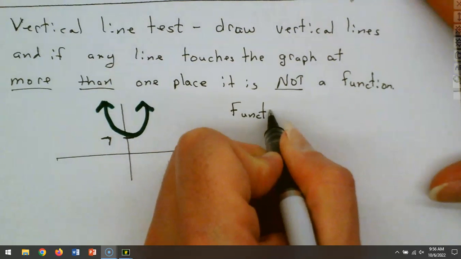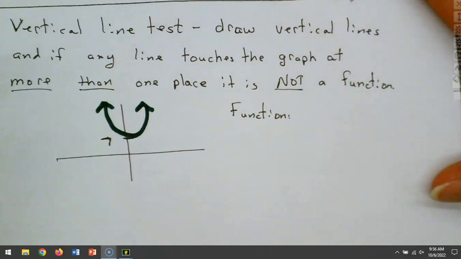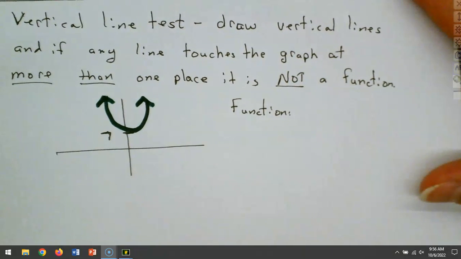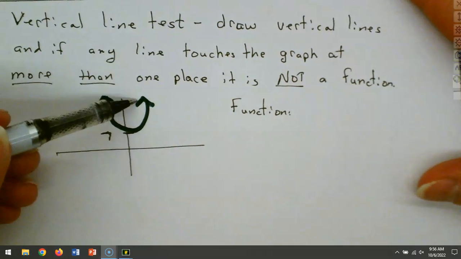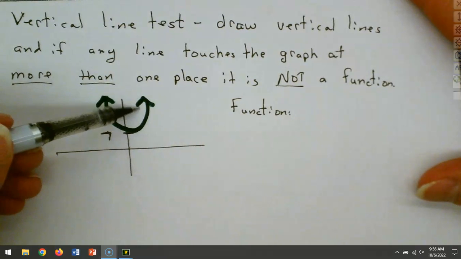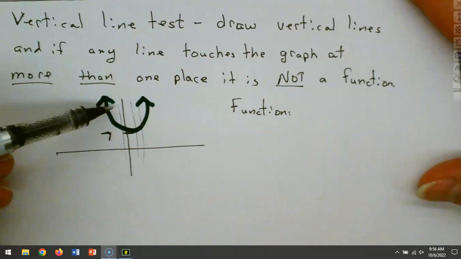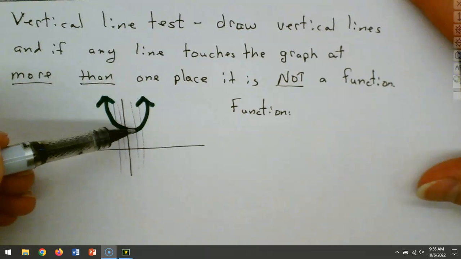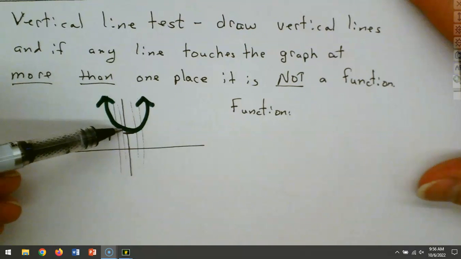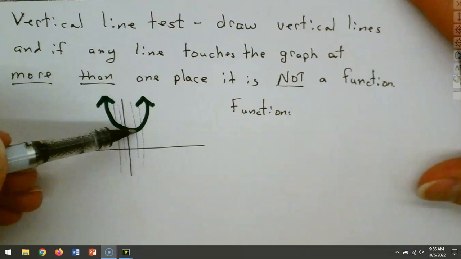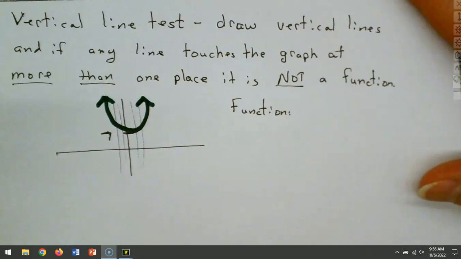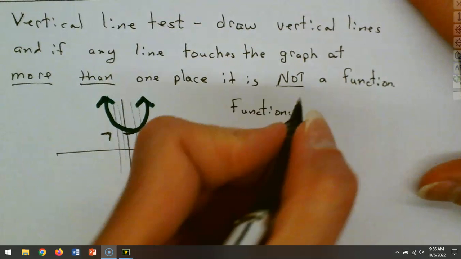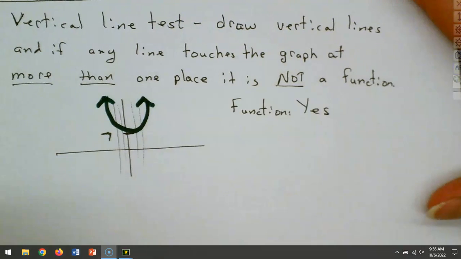Yes or no? How do I know it's a function? Well, if it's a function and I draw vertical lines, each line is only going to touch the graph at one place and one place only. So this would be a function.